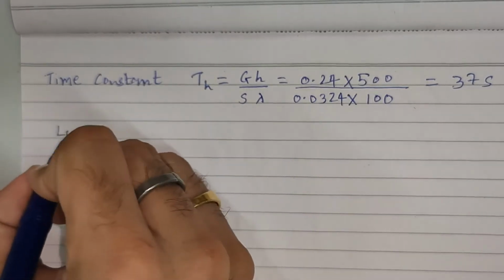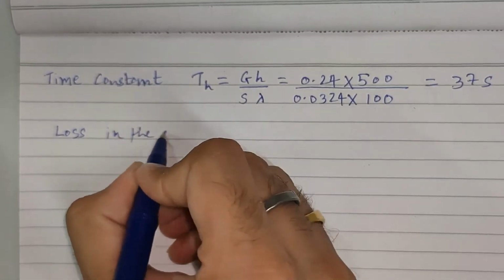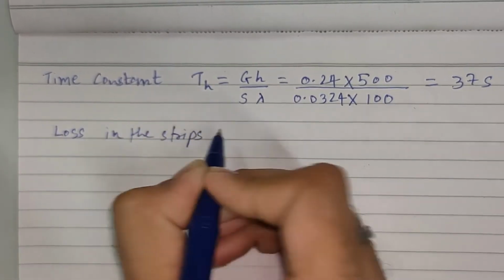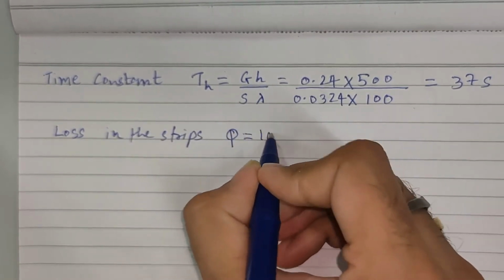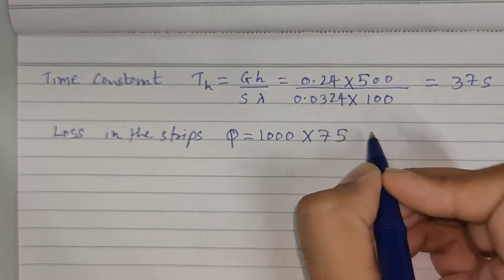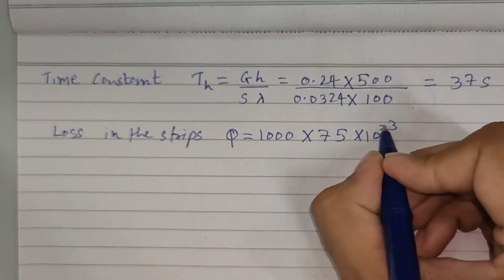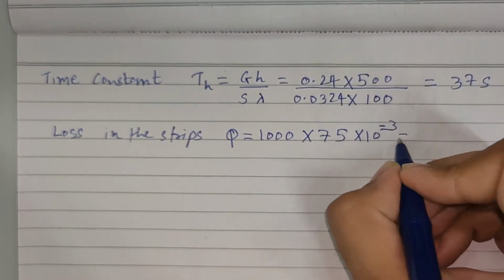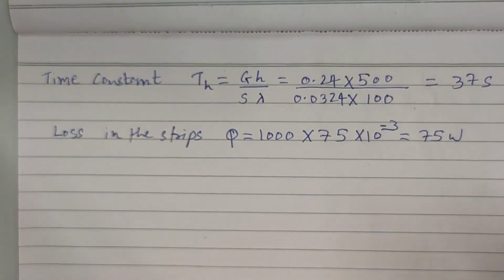Now once this is done, you need to find out the loss in the strips. So let us find out the loss in the strips, which is given by capital Q, that is 1000 multiplied by 75 into 10 raised to minus 3, an easy calculation which gives you nothing but 75 watts.